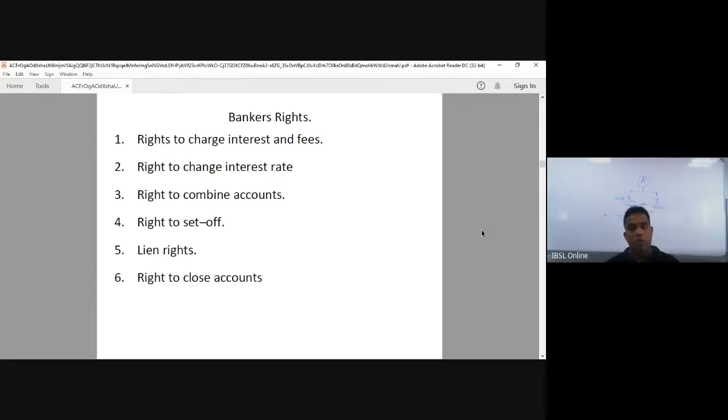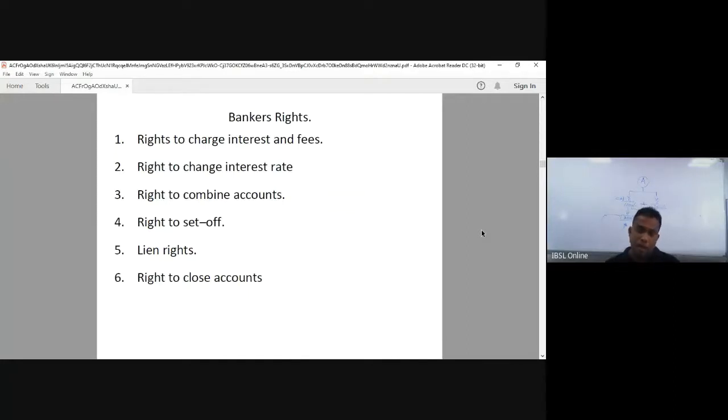So the same customer is maintaining two different accounts in two different capacities or categories. If you combine these two accounts, the customer can challenge it. Therefore, you have a right, but you have a discretion whether you want to exercise the right or not.